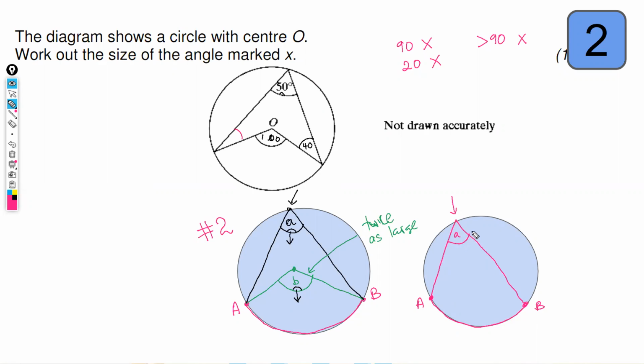I'll just call it A. If another angle starts at A and hits the circumference and bounces back to B, there will be another angle here. In both cases, the angle is touching the circumference and both start at A and finish at B. In that case, the two angles are equal.